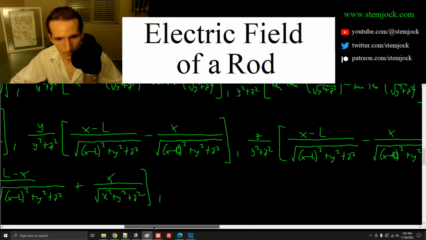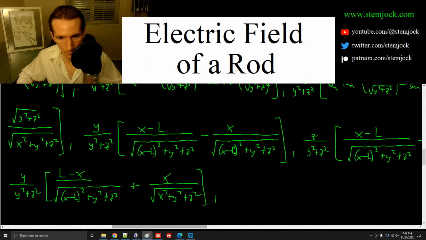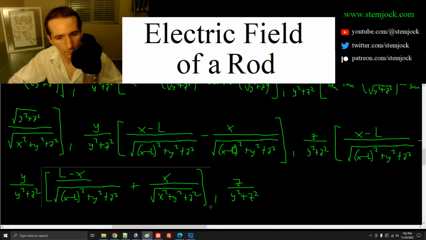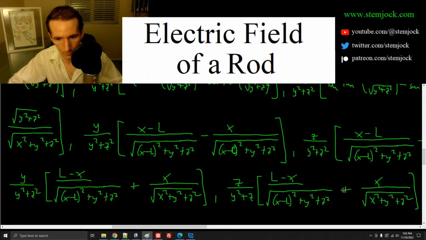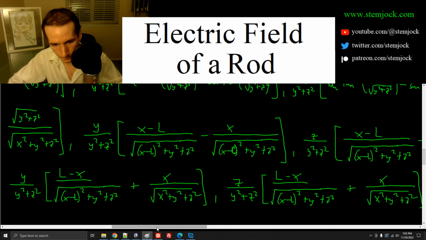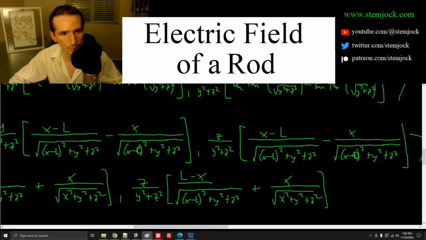It'll be the same for the third component, so this will be z over y squared plus z squared, and I'll have the same thing in square brackets.